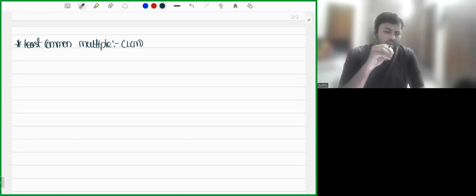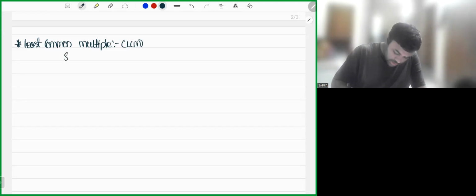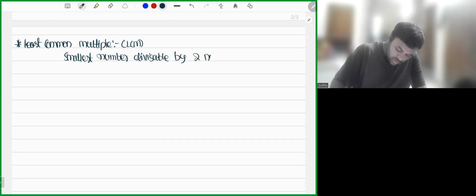Least common multiple is that smallest number which is divisible by two or more numbers.